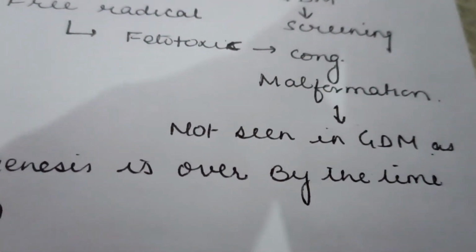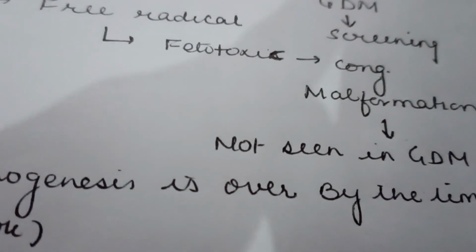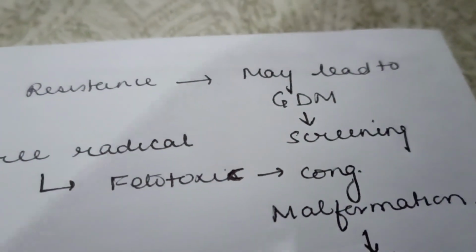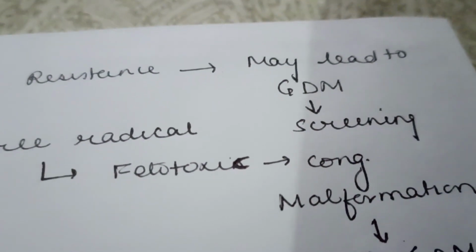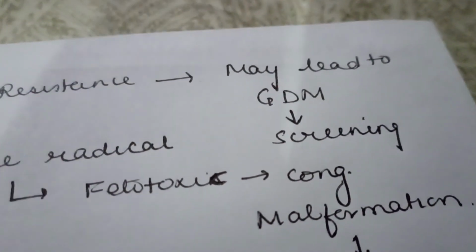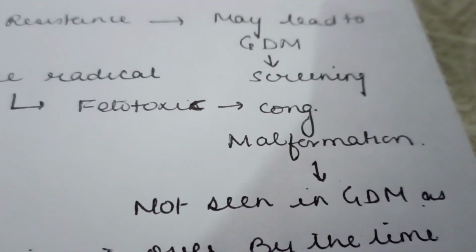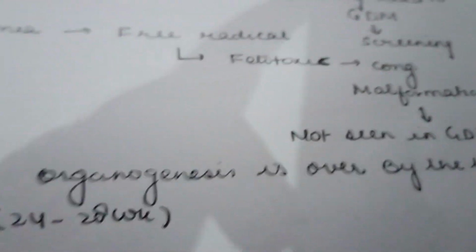But this is not seen in GDM. In GDM, the insulin resistance develops at 24 to 28 weeks, but you know that organogenesis is completed in the first trimester. So organogenesis is over, and GDM does not lead to congenital malformation.